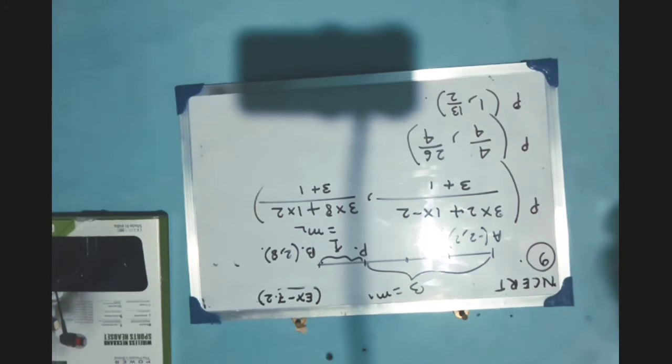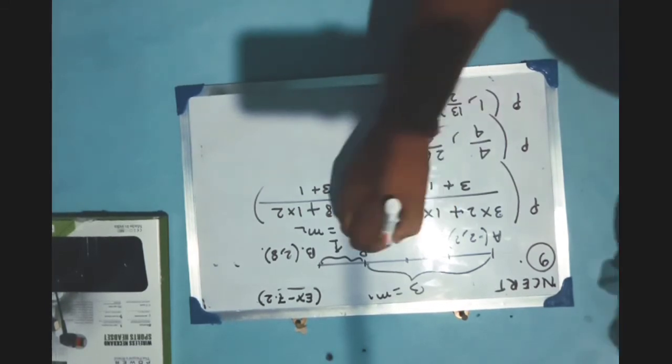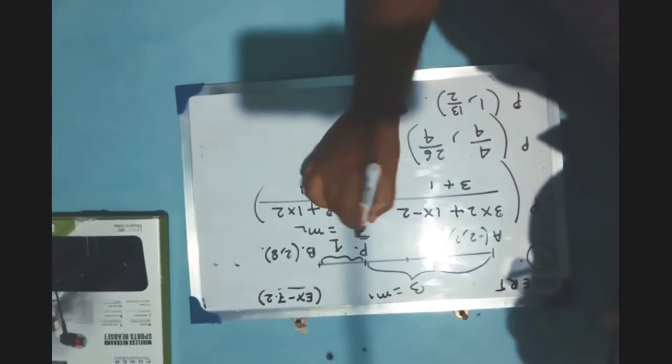Next, if I take the position of P over here, this is the first position of P. This is case 1. Next come to case 2. In case 2, the position of P will be changed.